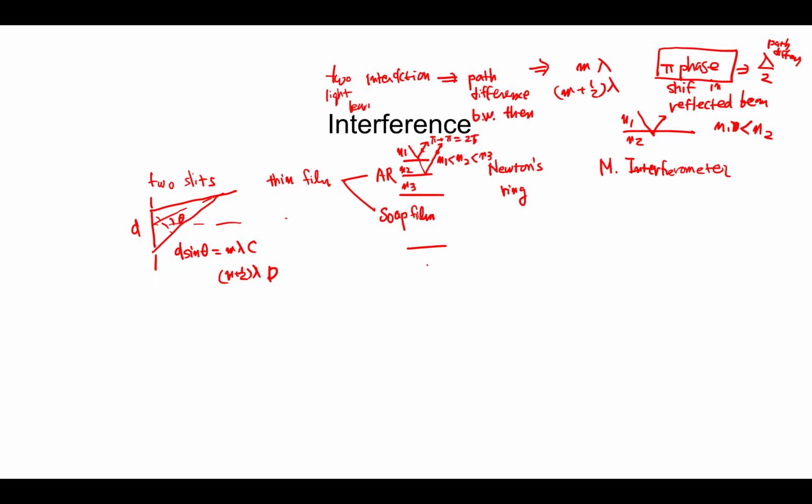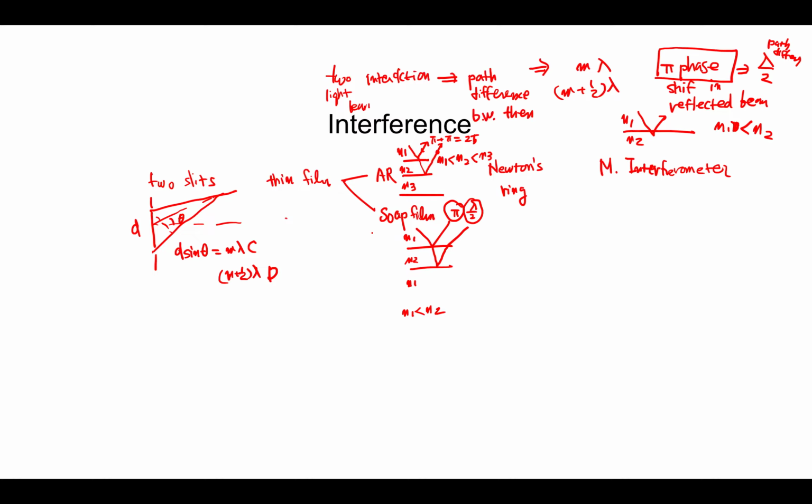But in the case of a soap film, you have N1, N2, and then N1. Usually N1 is smaller than N2. So there is a phi phase shift, and then refracted, and then reflected, and then coming out. In this case, no phase shift because N2 is larger than N1. So there is a phi phase shift between these two beams, so that there is already a half lambda phase shift.